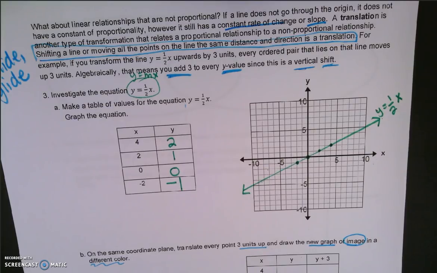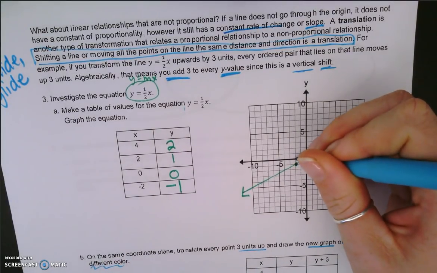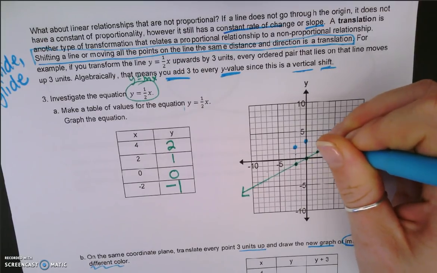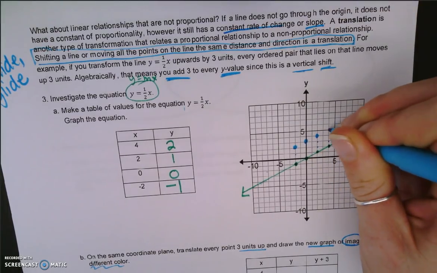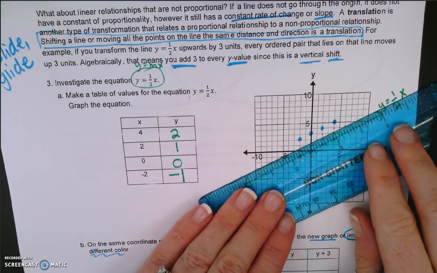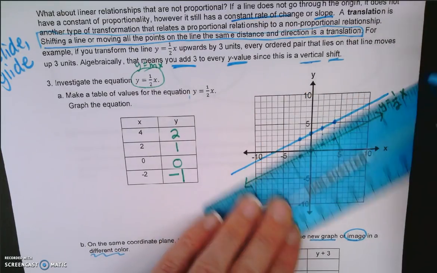The previews. What comes before the image? The pre-image. So now we're going to draw the image by translating each point up vertically 3. 1, 2, 3. And then of course we want to connect our data points.